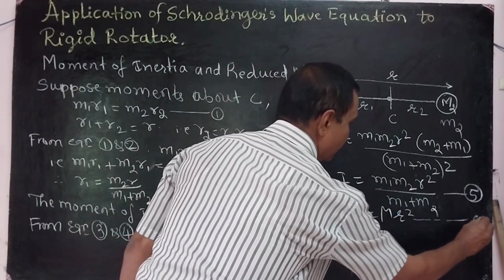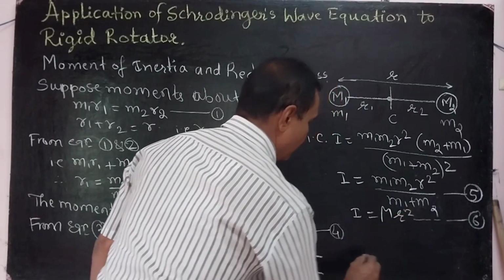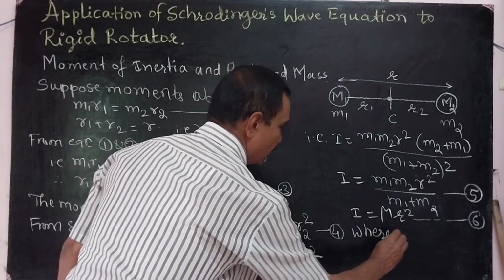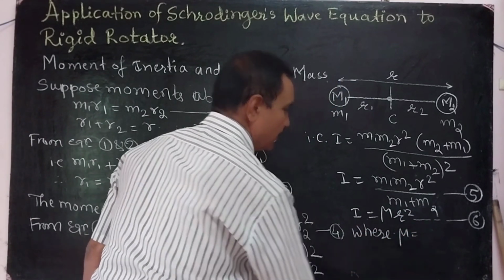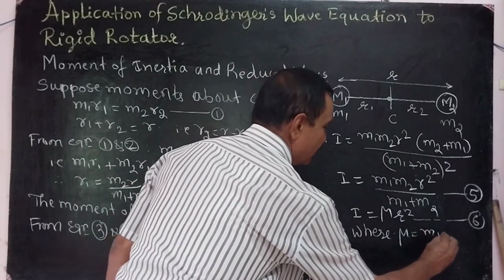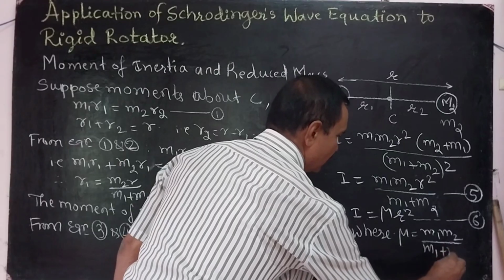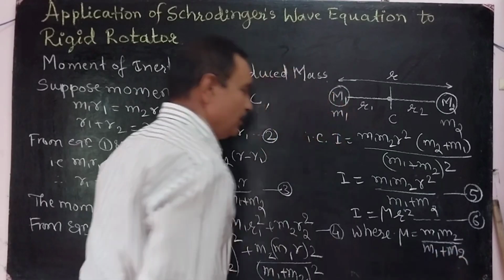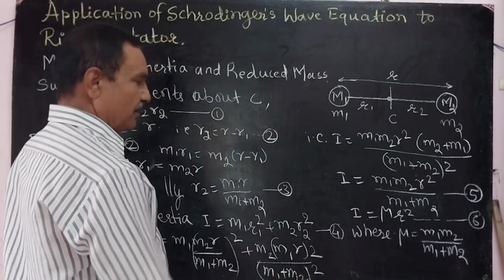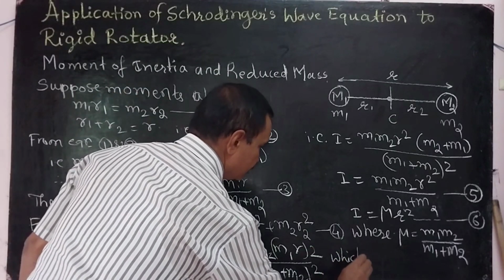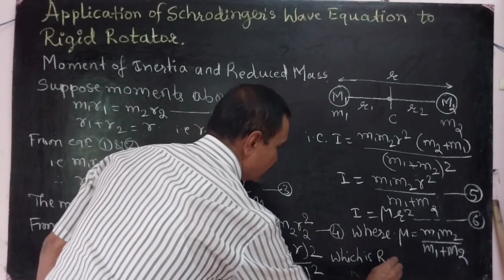Suppose this is equation 6, where mu equals m1 m2 divided by m1 plus m2, which is the reduced mass.